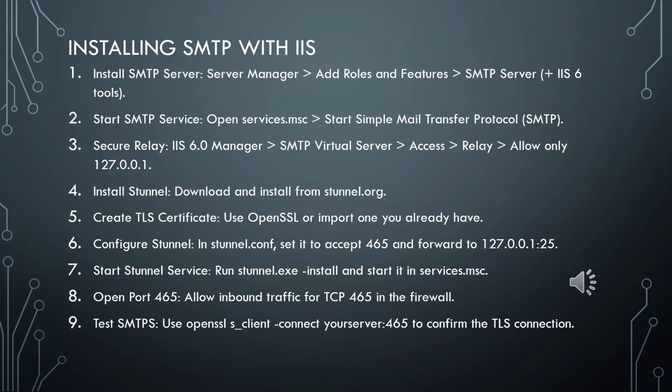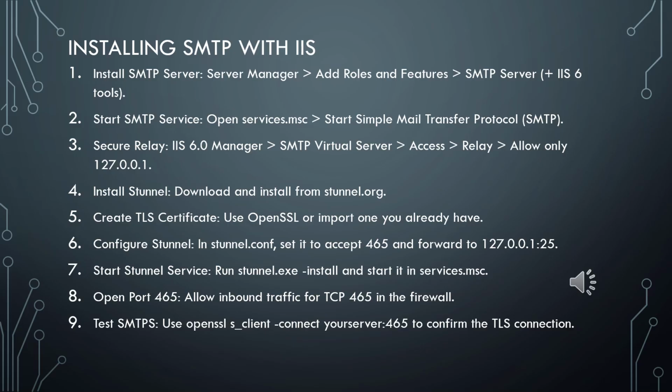Moving on to the slide on installing SMTPS with IIS on Windows. On the Windows server, we begin by installing the SMTP server role and starting the SMTP service. Then we secure the relay to only allow trusted sources.